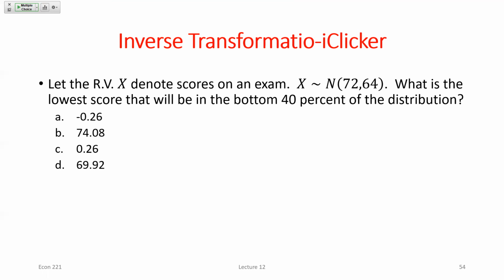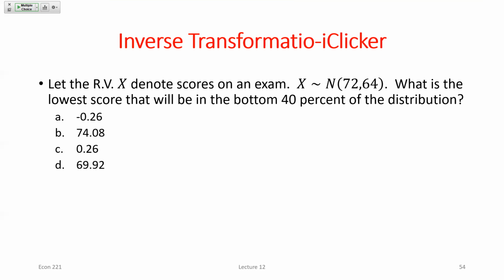That makes sense. So what do you know has to be true about the sign of that test score? Right, if the area I want in the tail is only 0.4, that can only come from a value that's below that mean of 72. So right away, I know that whatever x value I'm looking up is going to have to be a value to the left of the mean.